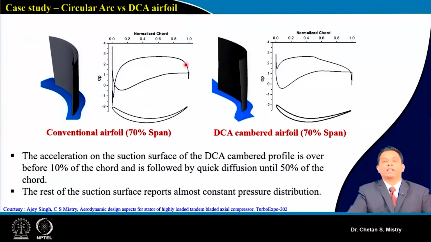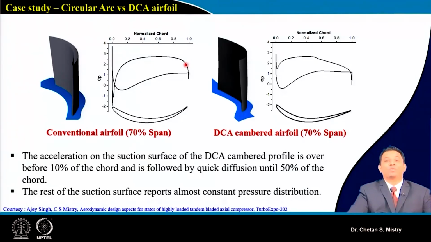At IIT Kharagpur, we are developing a test facility for a highly loaded tandem bladed axial flow compressor. When we have higher loading of the rotor, that means I will have higher turning of my flow, and we are addressing that by using a tandem configuration.